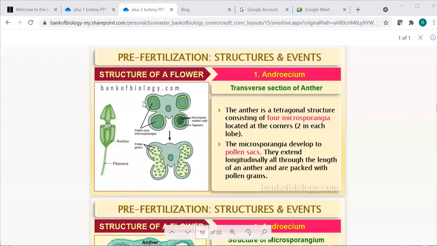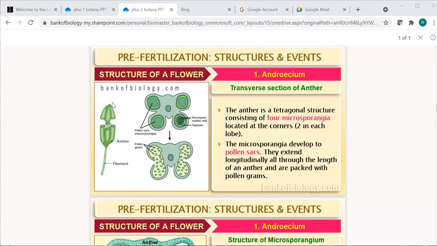Okay, so we were talking about anther. We're basically talking about stamen, the main reproductive part of a flower, which has two parts, that is anther and filament. Filament is the long elongated one, and anther is bilobe, isn't it? So two lobes are connected by which thing?